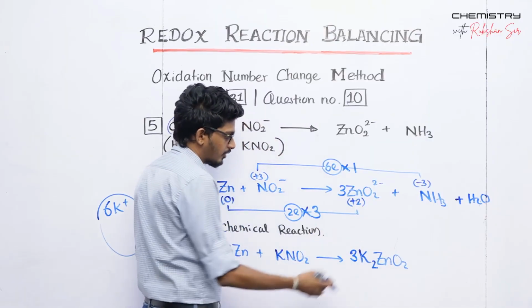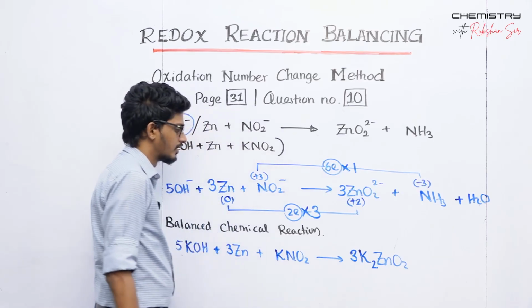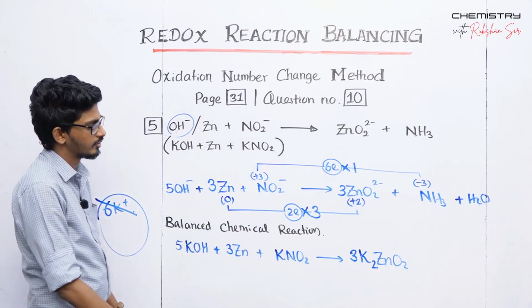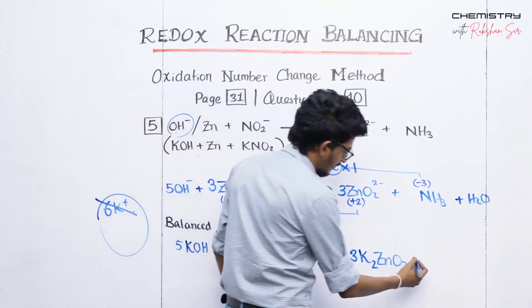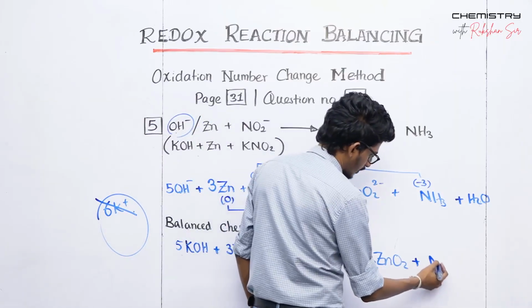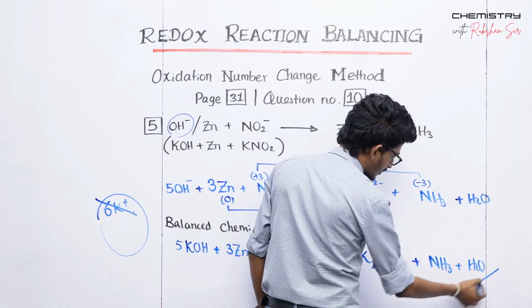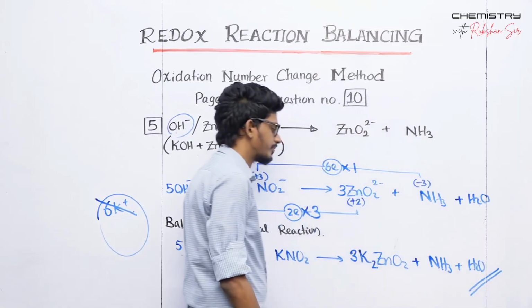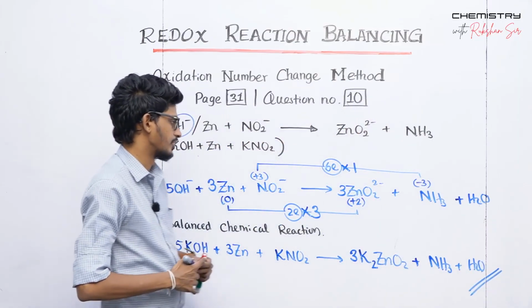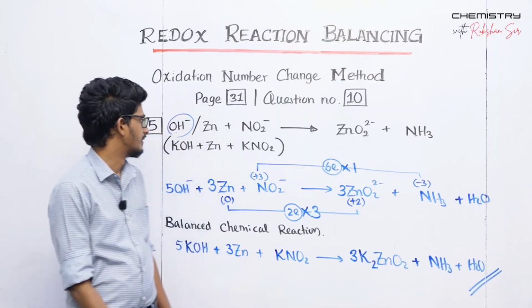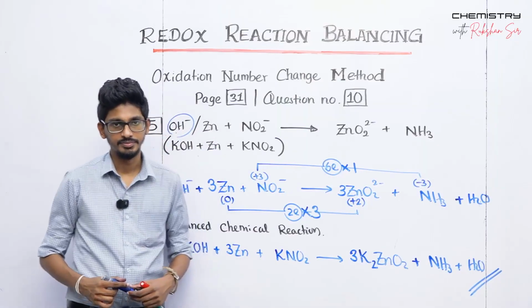When forming this, all the 6 K pluses are used, right? So rest are the chargeless species. So NH3, H2O. So that is your balanced chemical reaction. So you will complete this as well. This is question number 5.